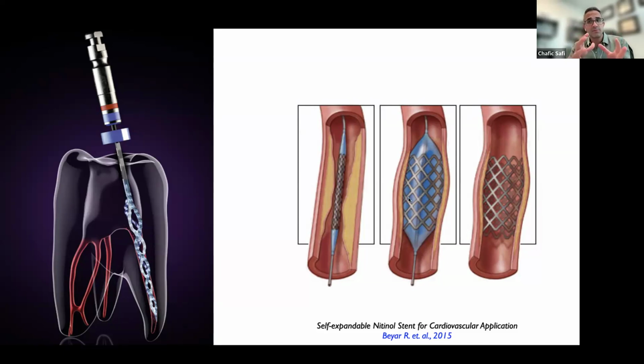It's the same concept with this file. It's meeting the anatomy of this root canal system in order to clean it without overinflating this root canal system, just like the stent doesn't overinflate the artery, in order to avoid rupturing the artery, and in order for us to avoid removing excessive dentin. So this really is the beauty of this file.